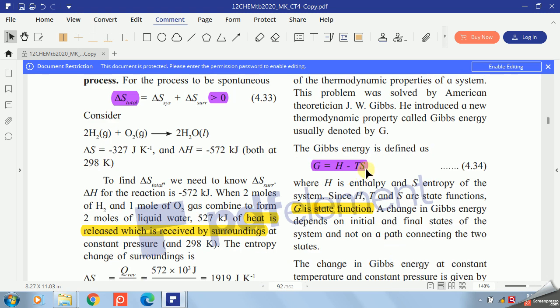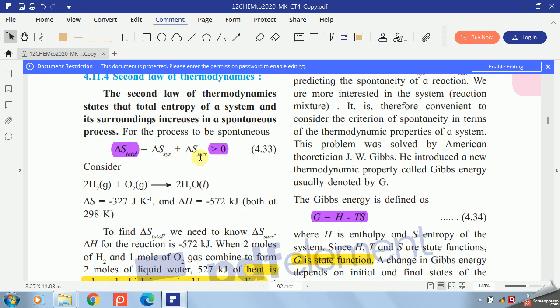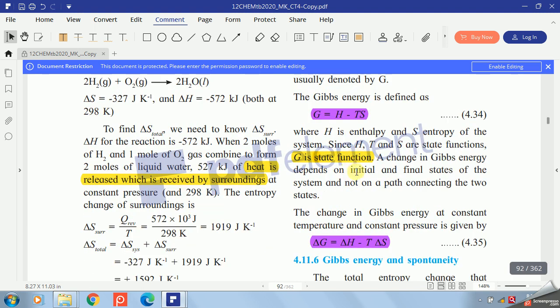Remember that if the suffix or subscript is not mentioned... if SURR is mentioned, then it is the entropy of surrounding. Up to this point, we mentioned the entropy of system by the word SYS, but nowadays, if the word SYS is not mentioned, or if there is no word after S, this indicates that it is the entropy of the system.